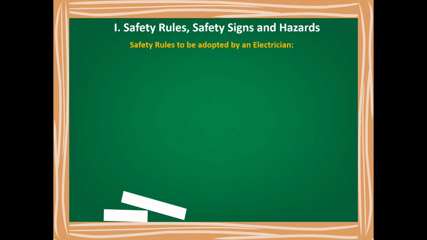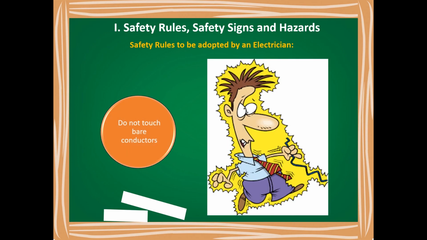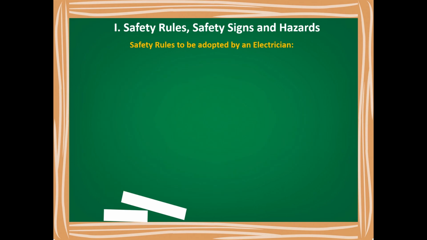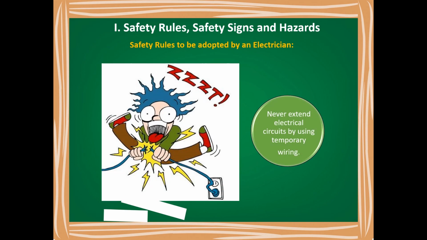Safety rules to be adopted by an electrician. Do not touch bare conductors. Replace or remove fuses only after switching off the circuit switches. Never extend electrical circuits by using temporary wiring.